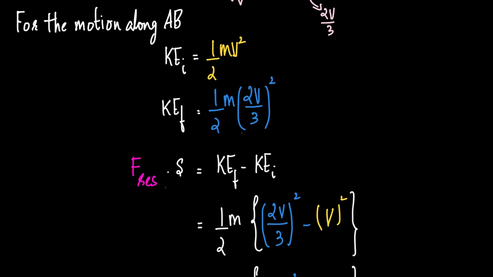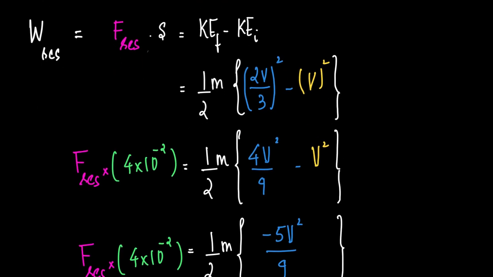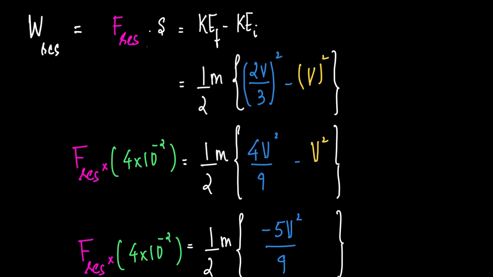The force is F resistive, into displacement S, which is equal to KEF minus KEI. Now, KEF is half m (2v/3) the whole square minus KEI, which is half m v square. I've taken half m common from these two terms.